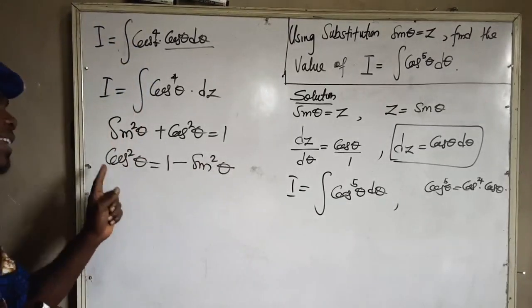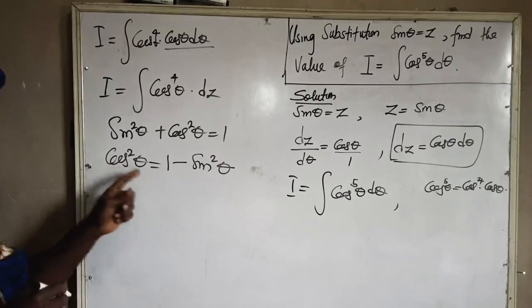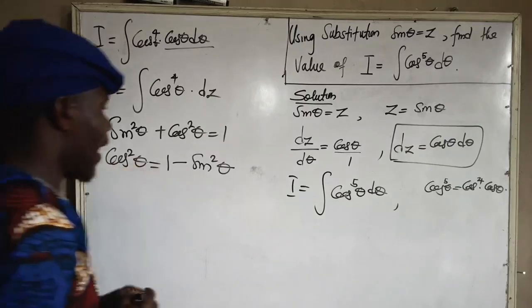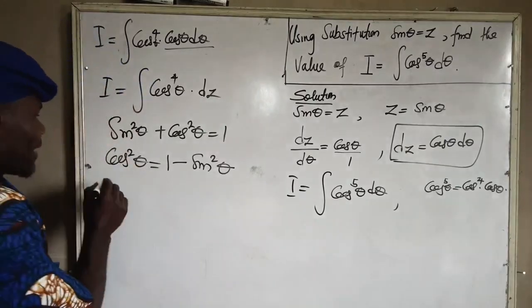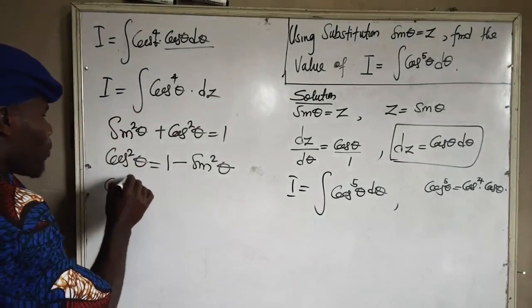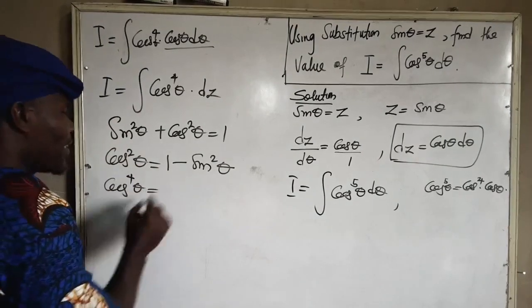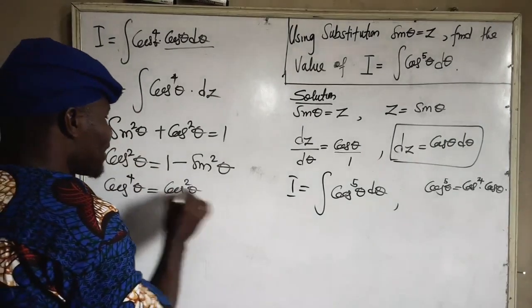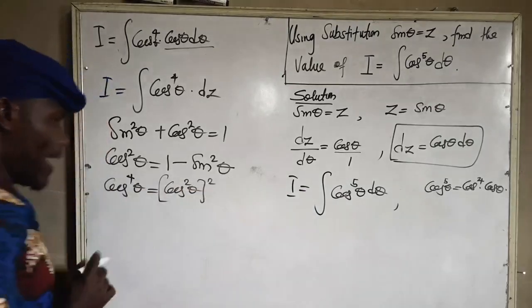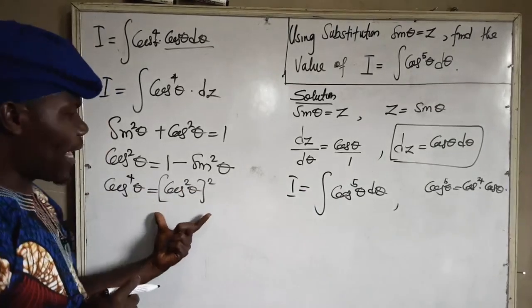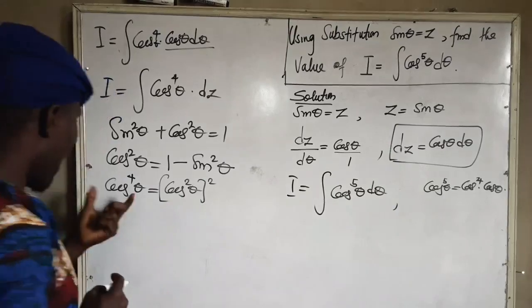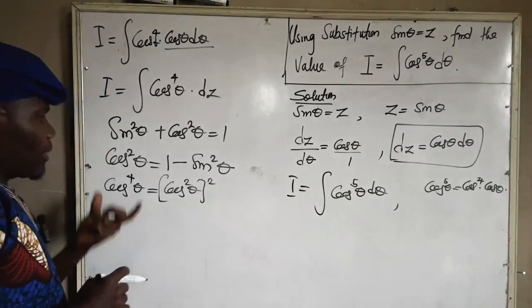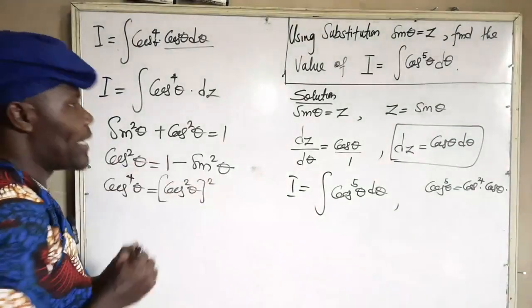So let's do something: cos raised to power 4 theta can be written as cos square theta all squared. If it can be in this form, and this is the value given to us, let's now relate this and put it inside.